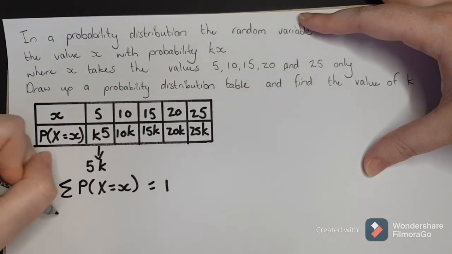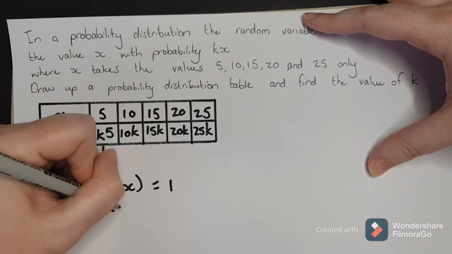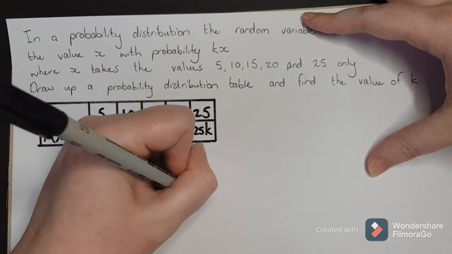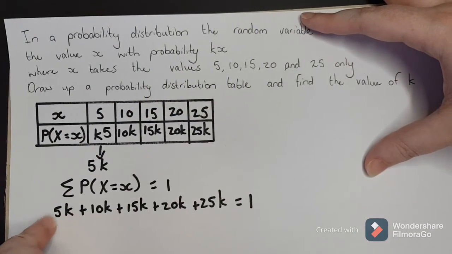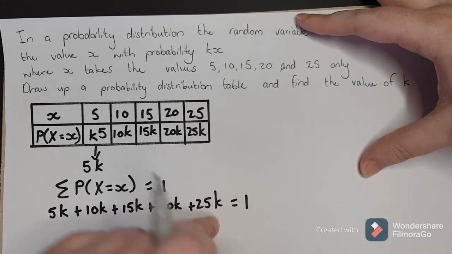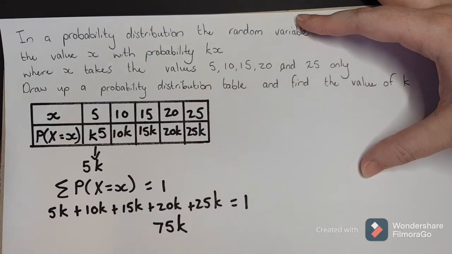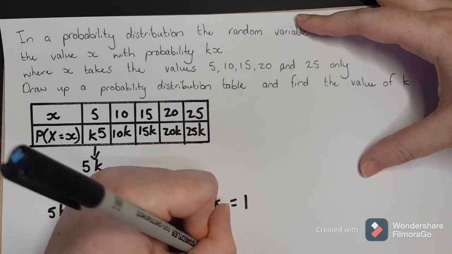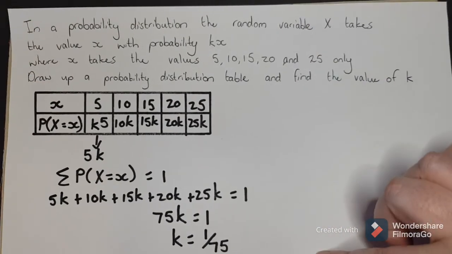So the sum is then our 5k plus 10k plus 15k plus 20k plus 25k all equals 1. And when you add up 5 plus 10 plus 15 plus 20 plus 25, you end up with 75k equal to 1. So that means 1k is going to be 1 over 75. So there is our value for k.